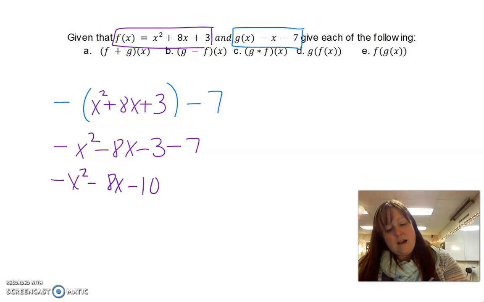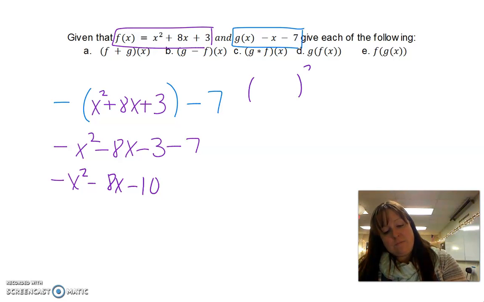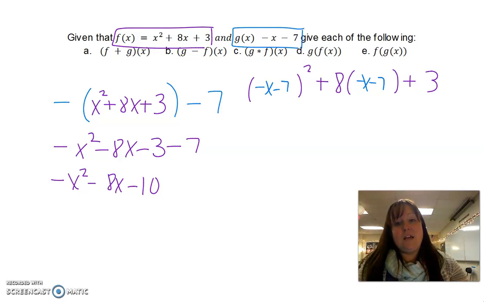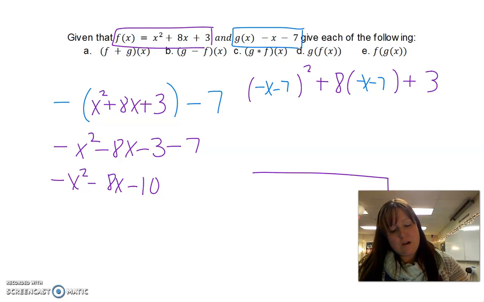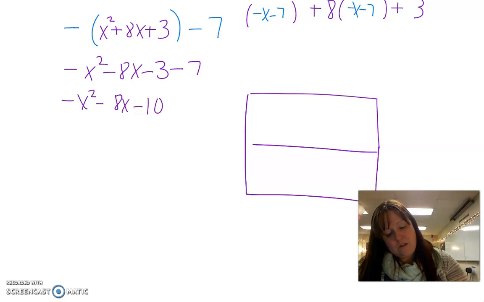Okay, and finally we have f of g of x, which, remember, f is our outside function, and we're putting g inside of f. So f is something squared plus 8 times something plus 3, and then we put g inside of there, so it's negative x minus 7. So when we square negative x minus 7, let's go ahead and do the box for that. I think we have just a few minutes, so we have enough time to look at this.